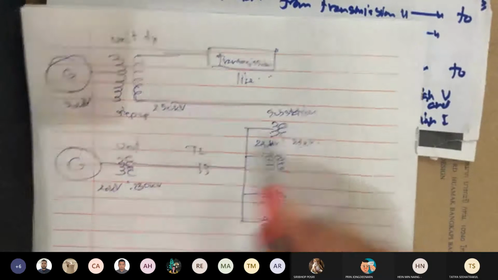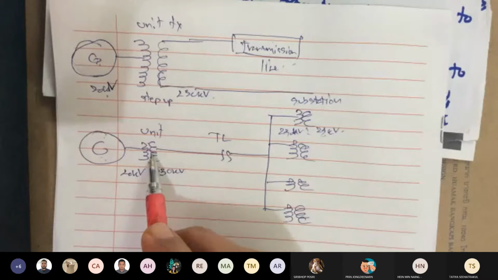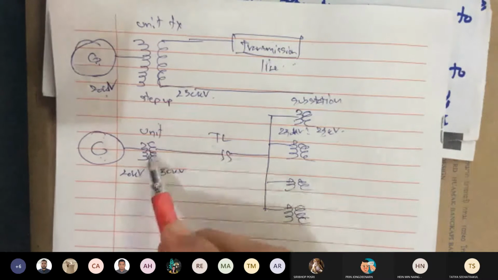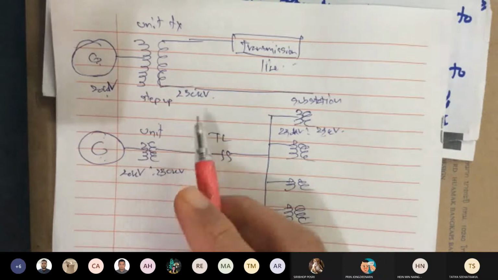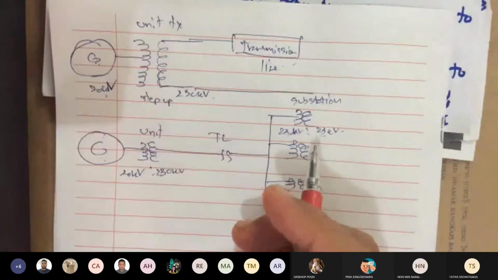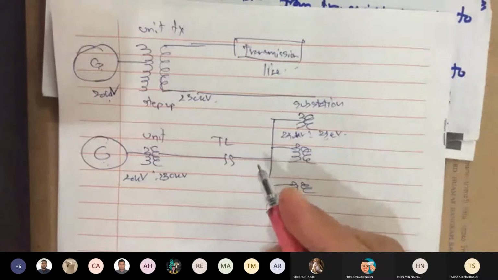Sometimes you can see this unit transformer. I've seen one, it's very rare to see, about the size of your classroom, the size of 2 shipping containers, about 2 of them next to each other. Very, very big.